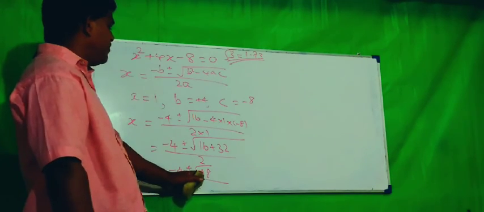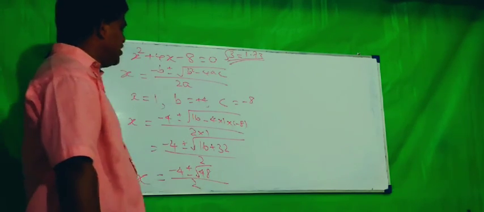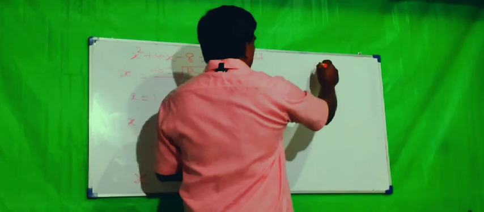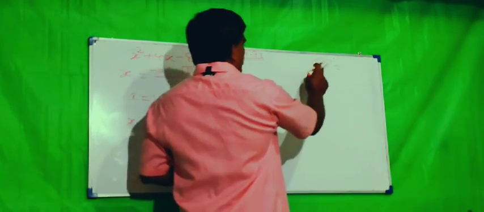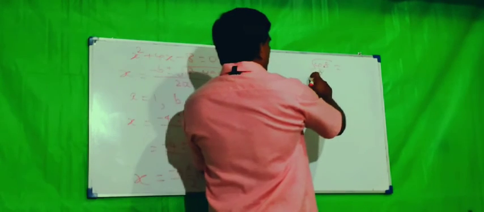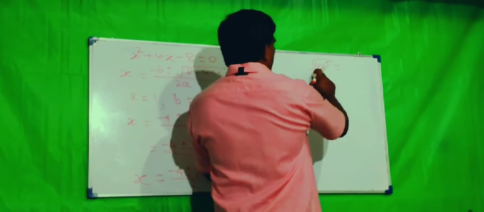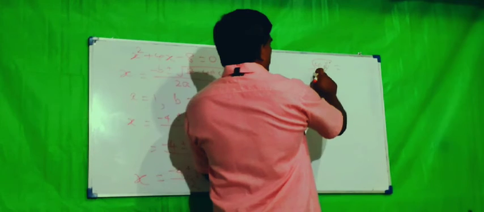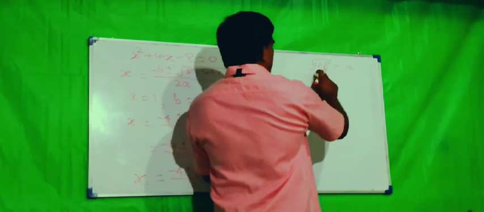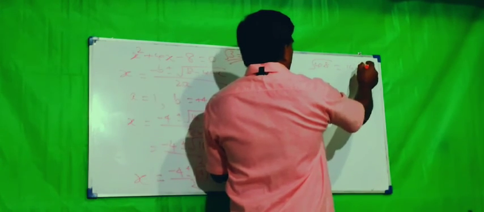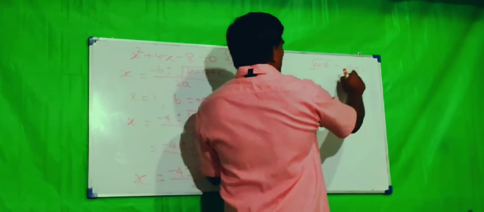Actually, here the square root of 48 is an entire surd. This should be converted into a surd. By separating the maximum square number in 48, which is 16, 48 is 16 into 3.